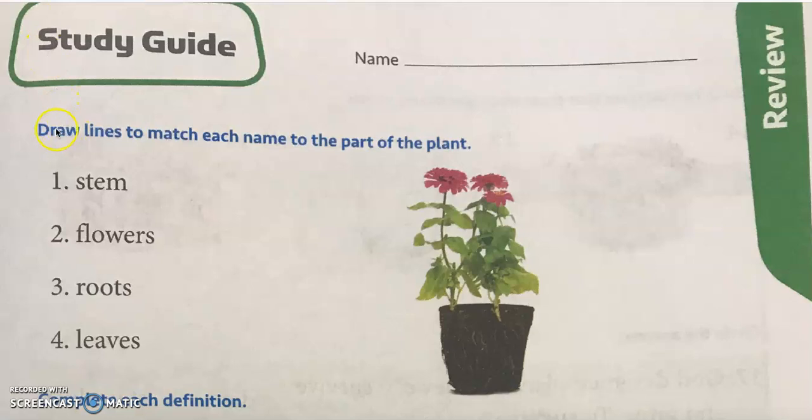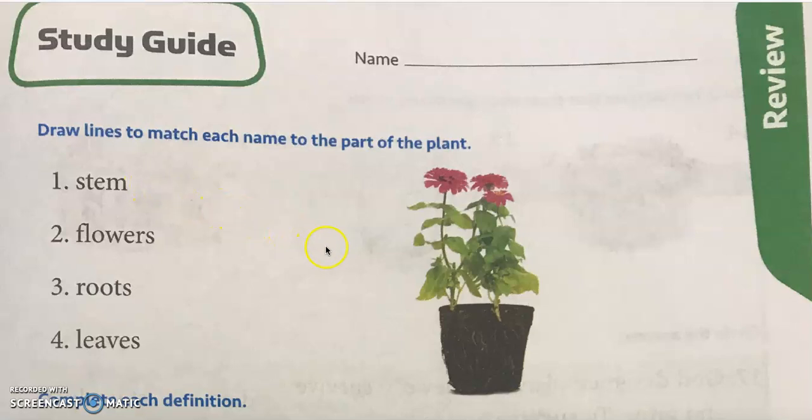All right, now here we need to draw lines to match each name to the part of the plant. So in a plant, they have these different parts. We have stem, flowers, root, and leaves. Can you help me find the stem part of the plant?